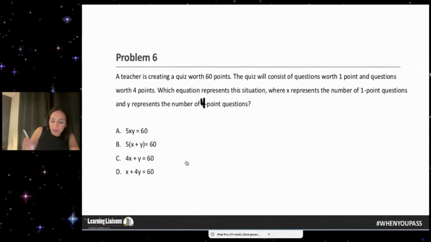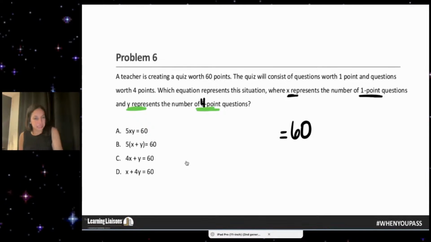So if we're creating a quiz worth 60 points, we know that our equation is going to equal 60, right? And I know that X is the number of 1 point questions and Y is the number of 4 point questions. So if I need to get to 60 points, I need to multiply the X times the value of the points that it equals, which is 1.